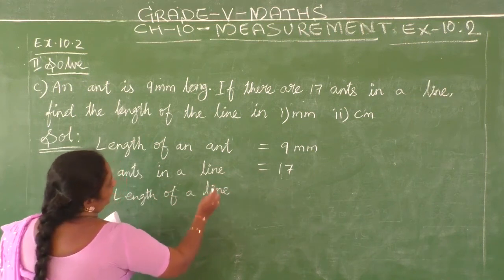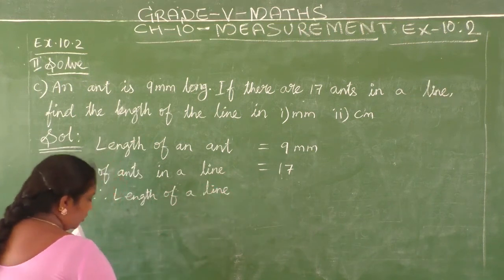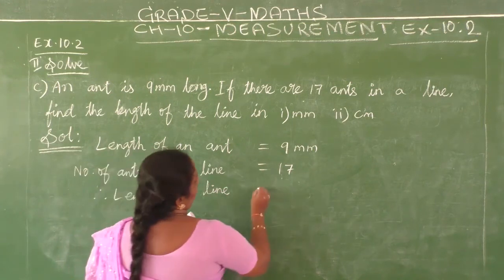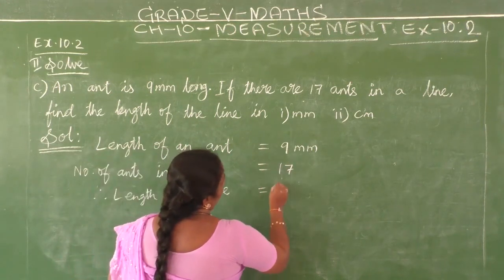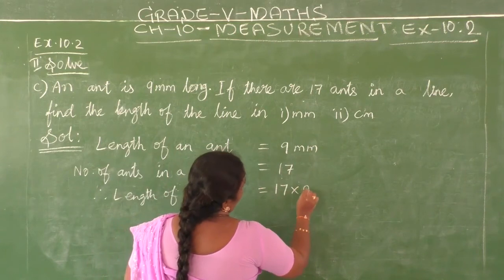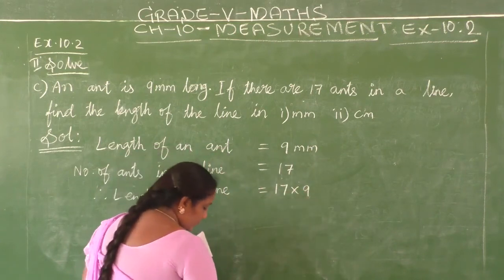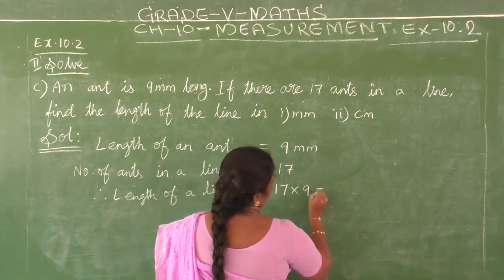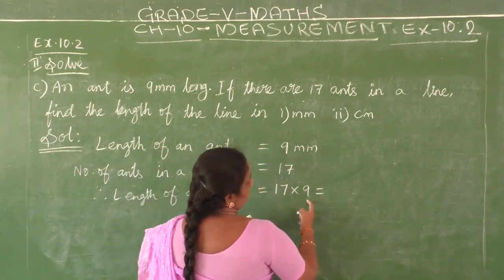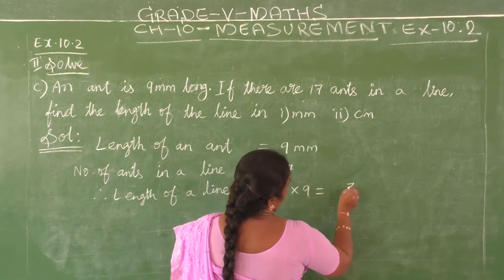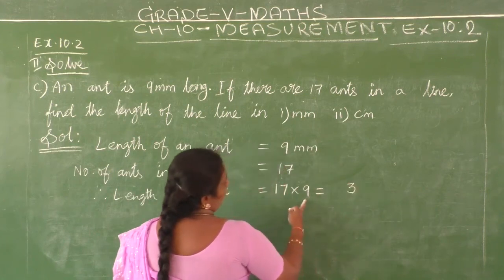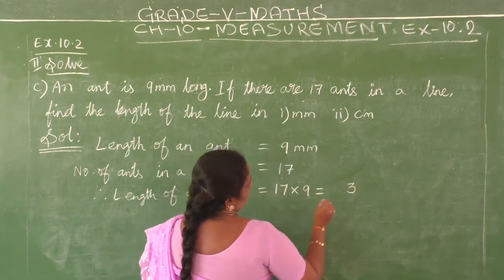How can we find the length of the line? We have to multiply this 17 by 9 and we can get the answer. So what will come? 9 sevens are 63. 63 means 3, remaining 6. 1 9 is 9, 9 plus 6, 15.